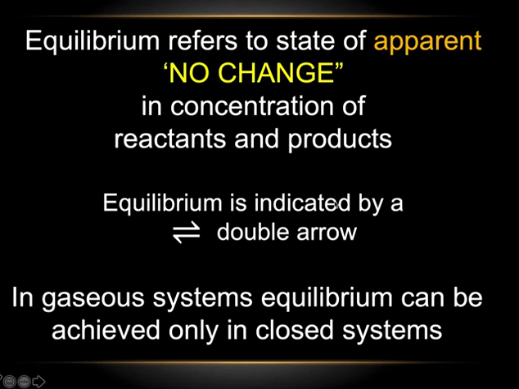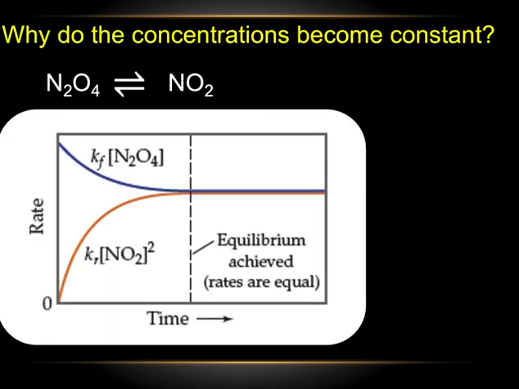I restate, equilibrium is an apparent no change in concentration. That means it appears as if the concentrations are not changing. Okay, let's go ahead and now ask ourselves, why does it happen that concentrations don't change? Basically, we'll take an example here again, that of N2O4 giving you NO2.